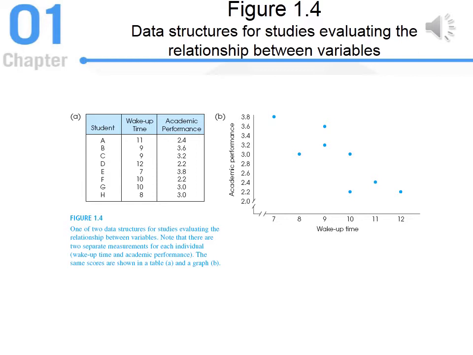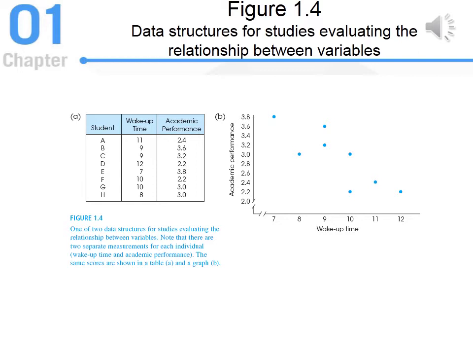In frame B, a graphic called a scatter plot is depicted here. The scatter plot's a really important way of understanding the correlation. First, look at the horizontal or the x-axis. You'll see wake-up time is plotted there: 7, 8, 9, 10, 11, 12. On the vertical or the y-axis, we've plotted the other variable. In this case, it's academic performance.